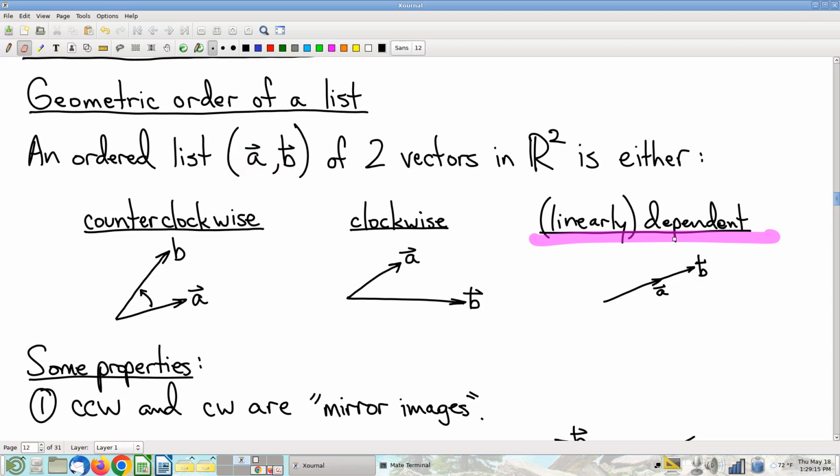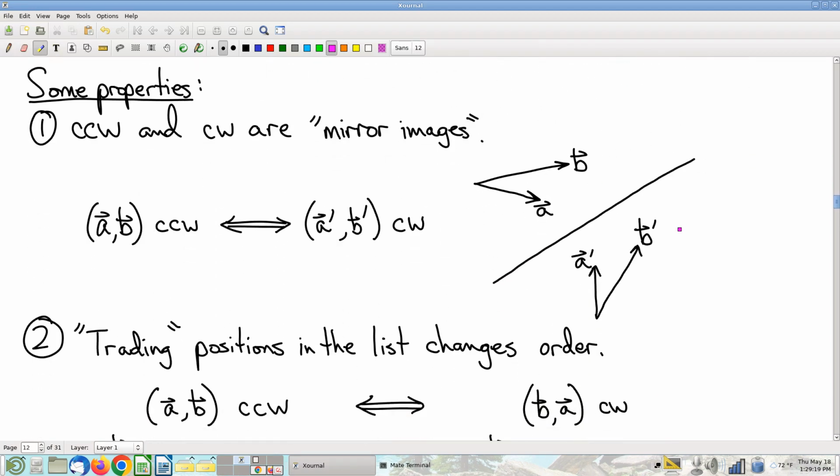Okay, so this is one way to do it, but furthermore, this geometric feature of the list has some nice properties. If I have this ordered list, A first, B second, notice that list is counterclockwise.